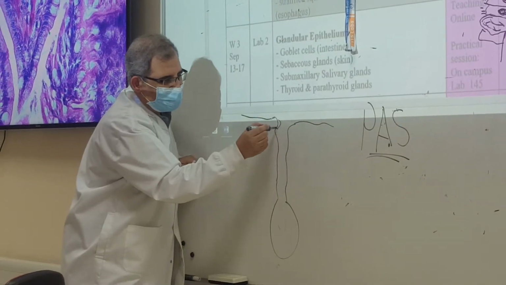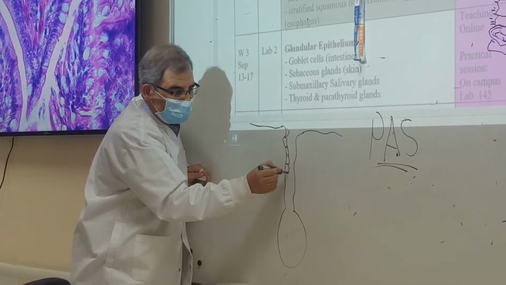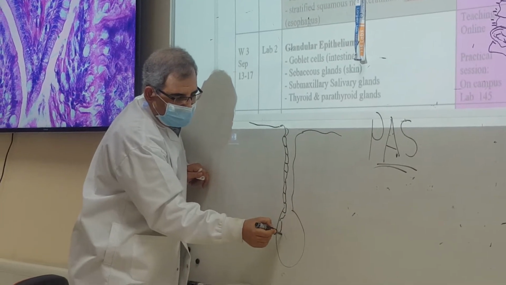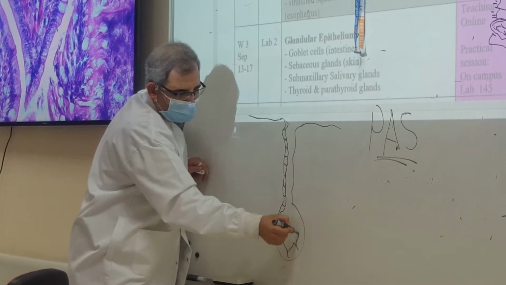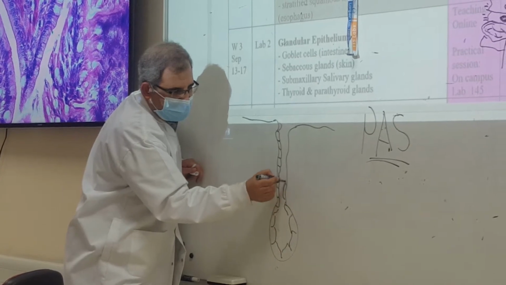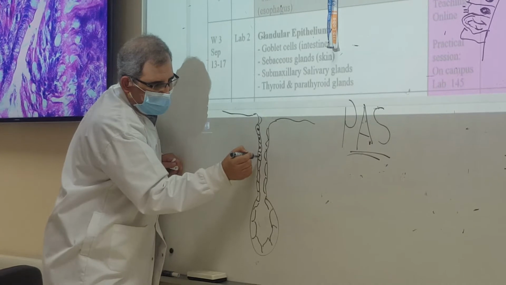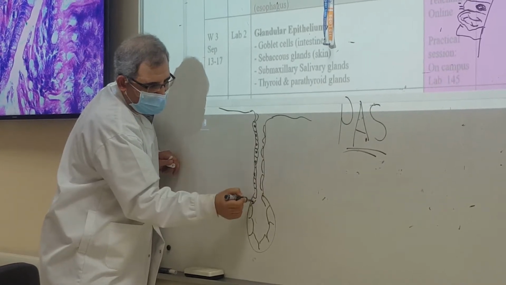So this will be covered by epithelium. Remember, all the time epithelium is covering either from inside or outside. Something like this. Don't forget each cell will have a nucleus.